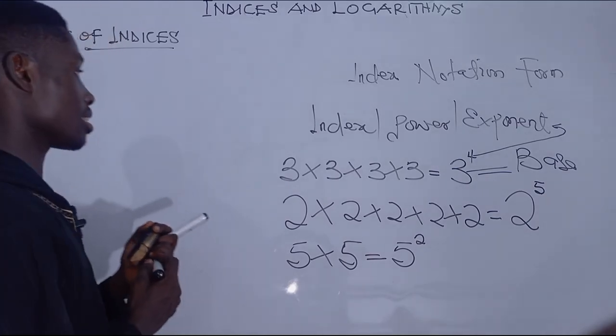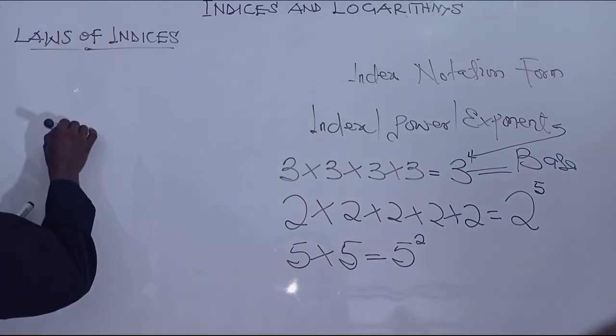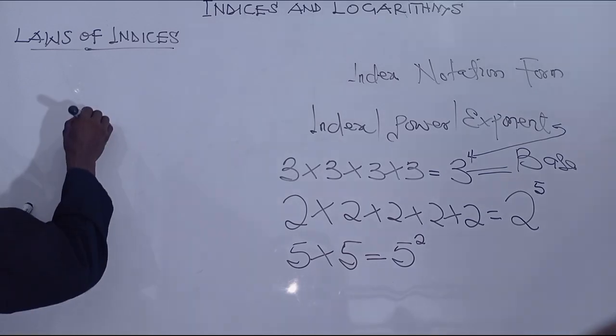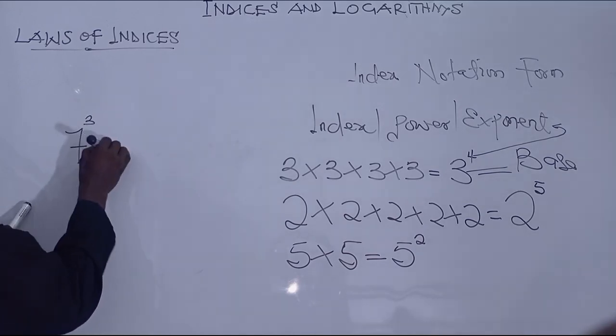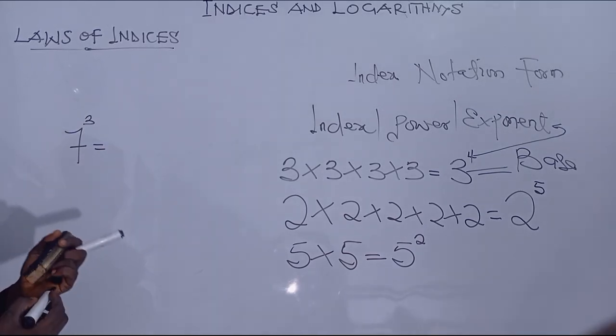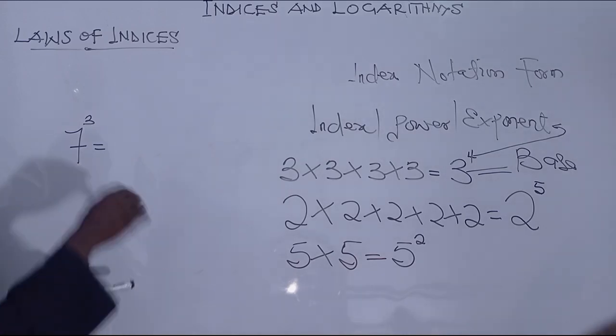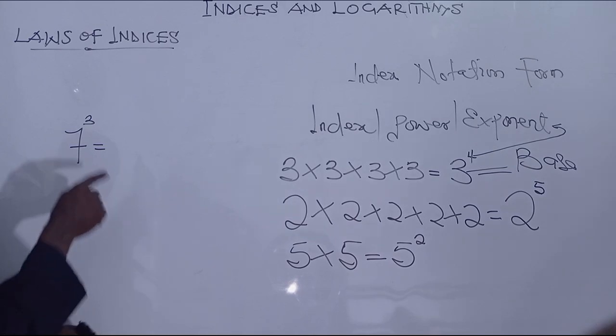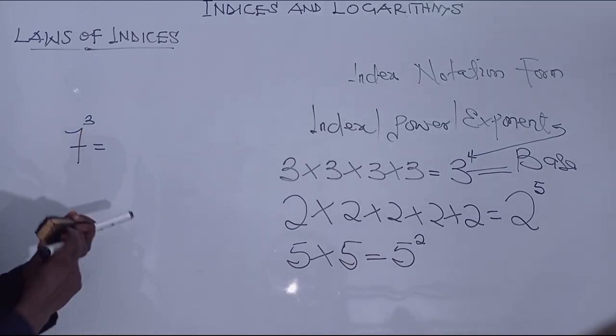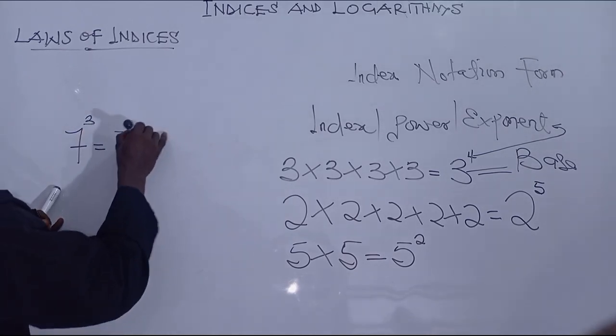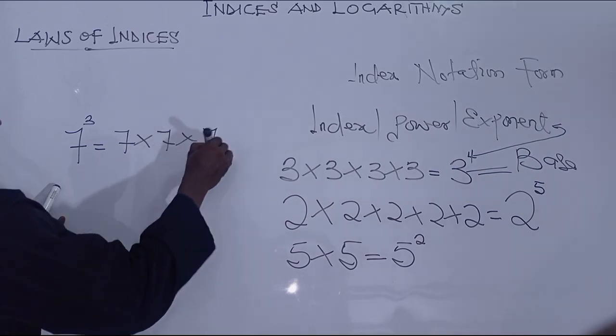Now let's consider this example also. If you have, let's say, 7 raised to the power 3, this is in the index notation form. Now this means that the number 7 is multiplying itself 3 times. So we have 7 times 7 times 7.